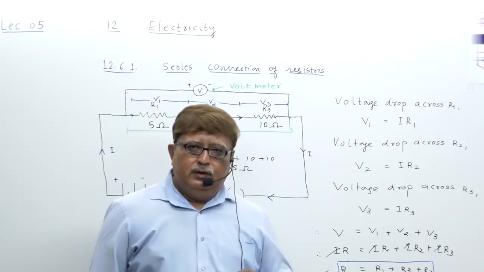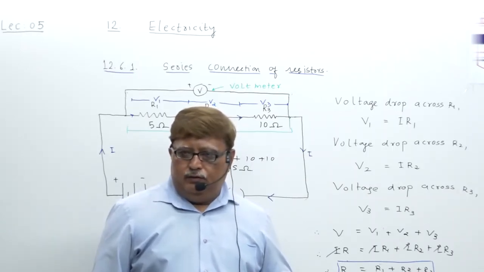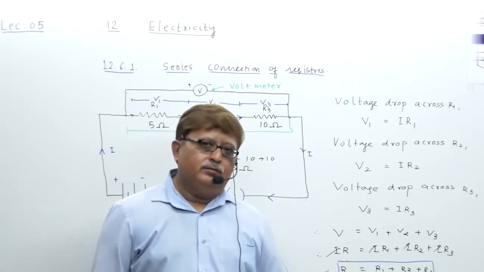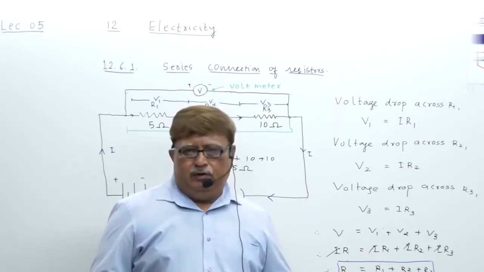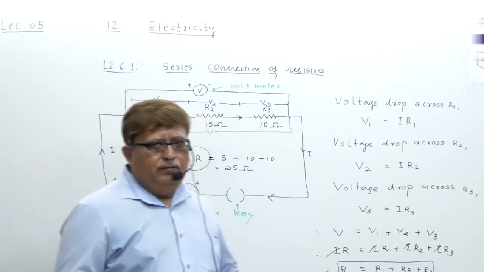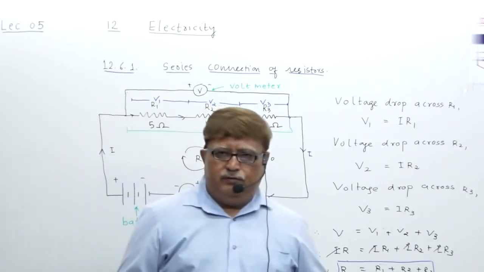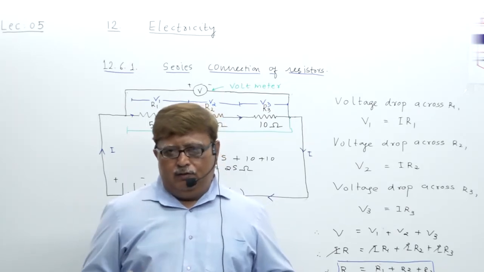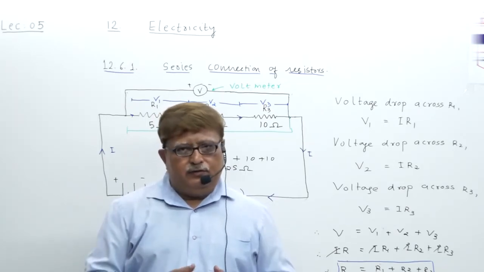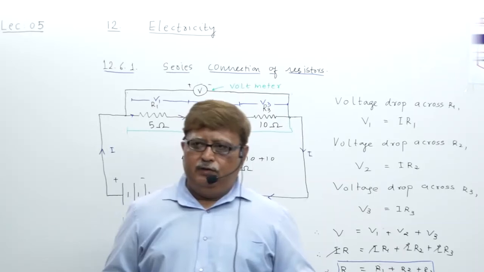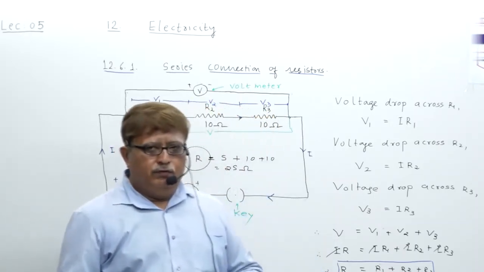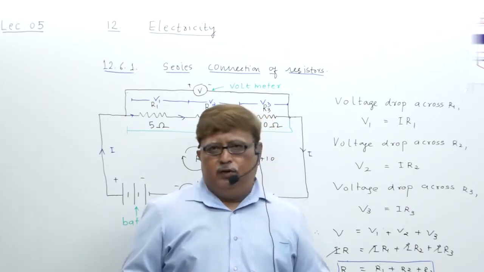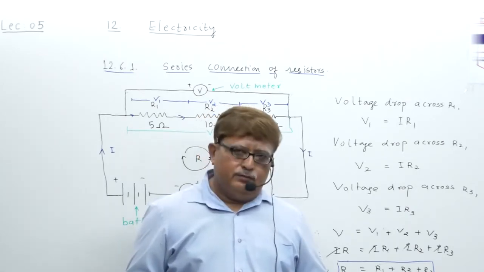But the question is, is series connection possible in our home? No. You may be asking me where our home came into the picture, because your home ultimately has all electronic and electric devices. It may be a refrigerator, oven, television, computer, tube light, bulb, whatever.